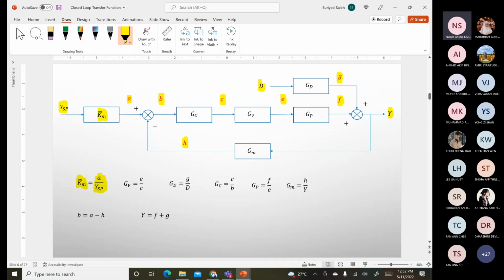For GC, it is B and C, so GC equals C over B, where C is your output and B is your input. And then GV relates C as your input and E as your output, so GV equals E over C. And for GP, I have E and F as input and output, so GP equals F over E.